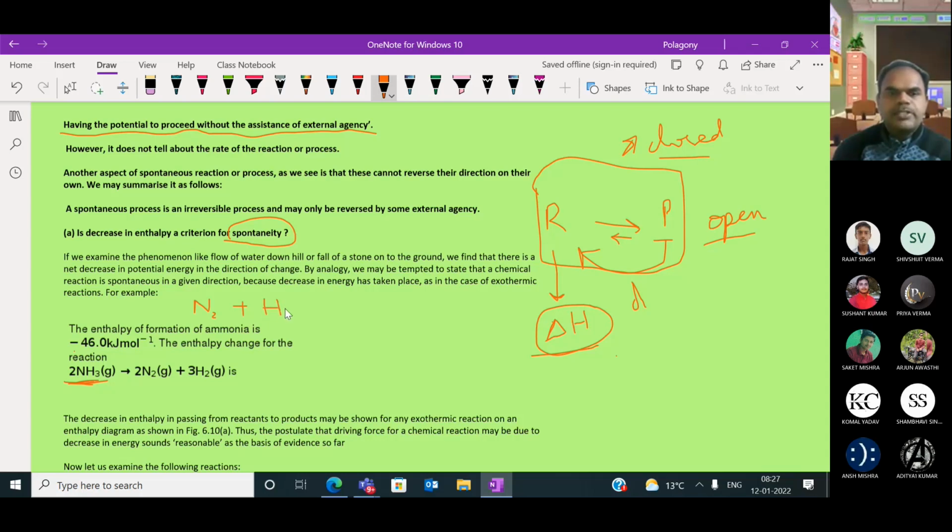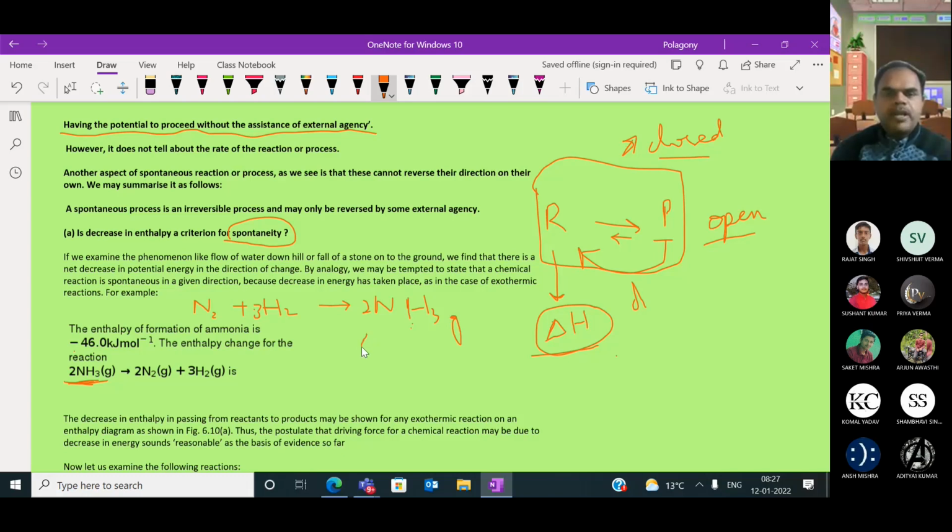What is the ratio of combination? Ammonia gas formation: 1 mole of nitrogen combines with 3 moles of hydrogen to form 2 moles of ammonia. For this, enthalpy of reaction, how much?